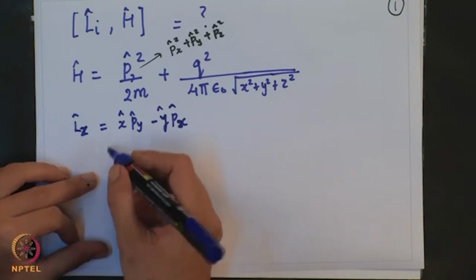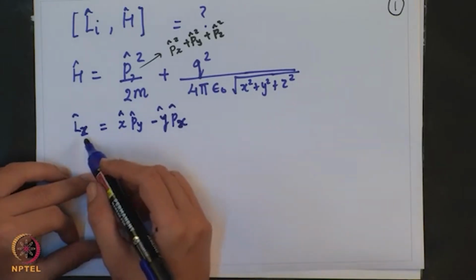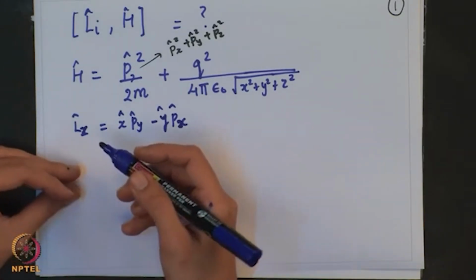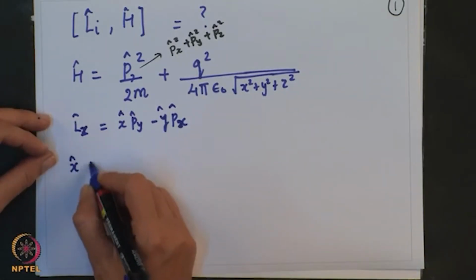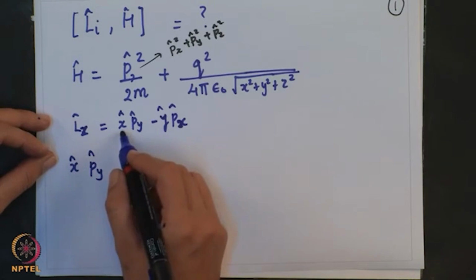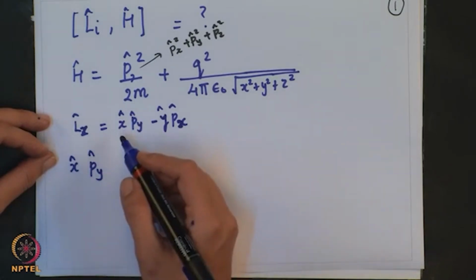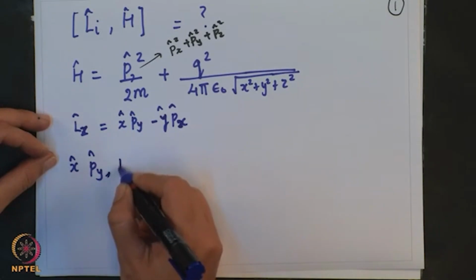Here we can evaluate first Lx or Ly or Lz. So, first term first, let us evaluate x Py with the Hamiltonian.